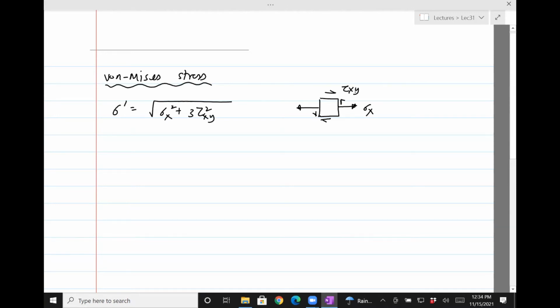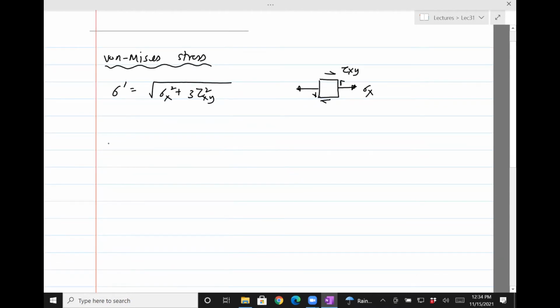That's the case we're looking at here, because in beams we don't see sigma y. We're going to use this formula to find the von Mises stress for alternating load, and all we do is replace sigma with sigma A and tau with tau A.